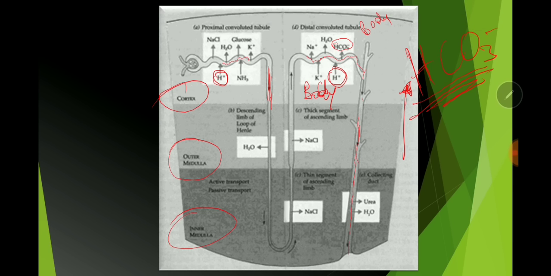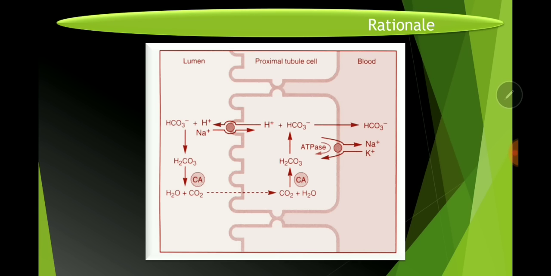And this is another rationale in terms of why you have more of the bicarbonate. Most of the carbon dioxide is found in the form of bicarbonate, and that's because, as I mentioned, you have carbonic acid.